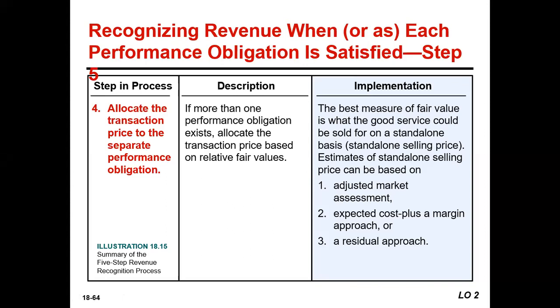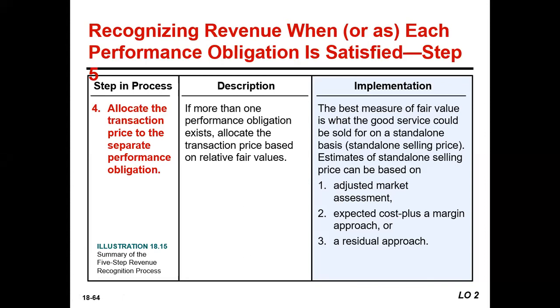So allocate the transaction price to the separate performance obligation, that is step 4. Description: if more than one performance obligation exists, allocate the transaction price based on their relative fair values, as given in the handler's example.